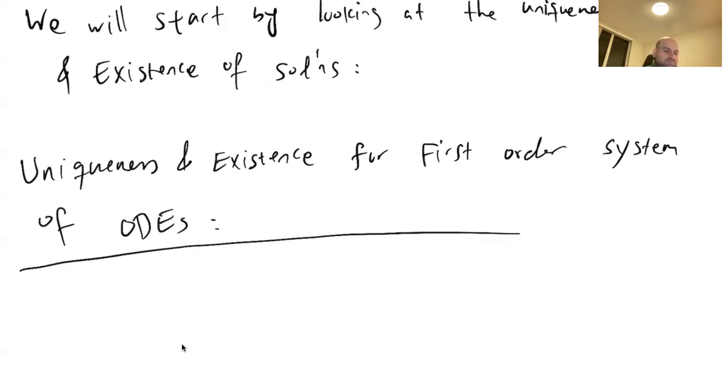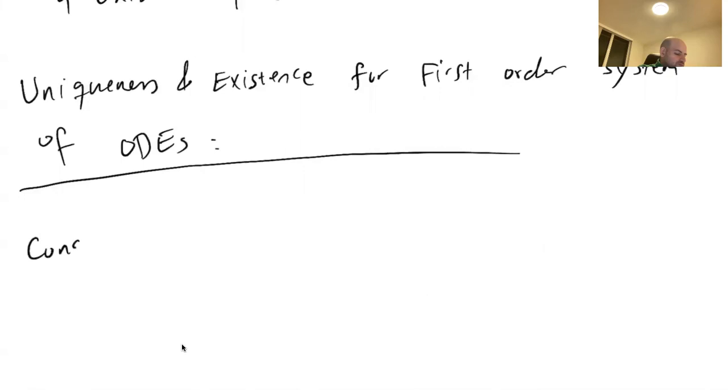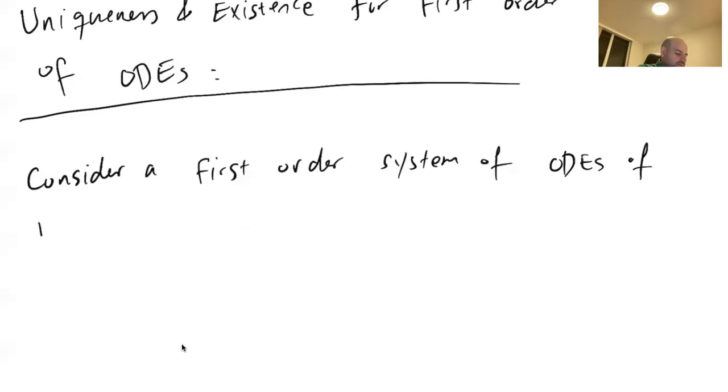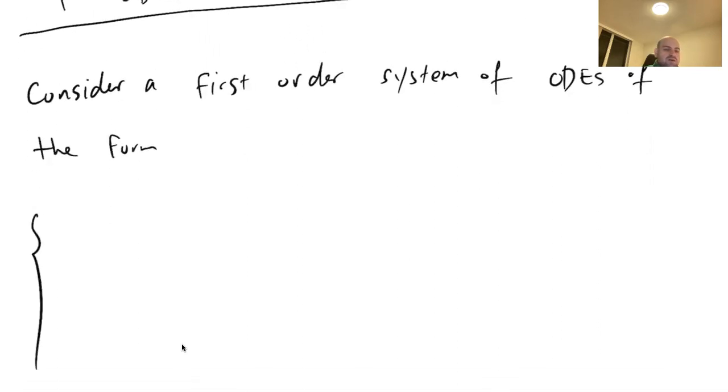So consider a first order system of ODEs of the form, let's say y1 prime, because we are assuming first order, so the highest order derivative will be 1.